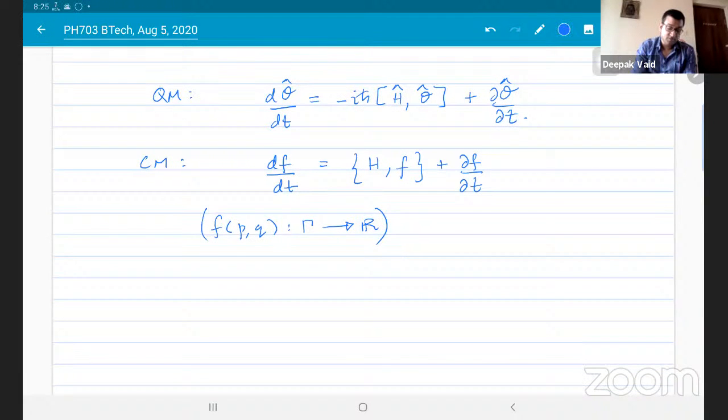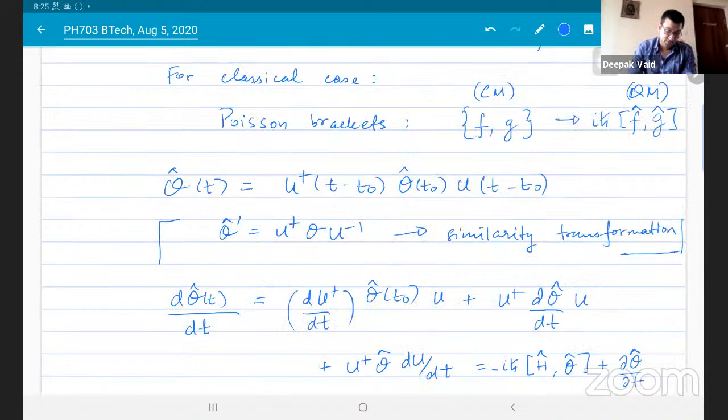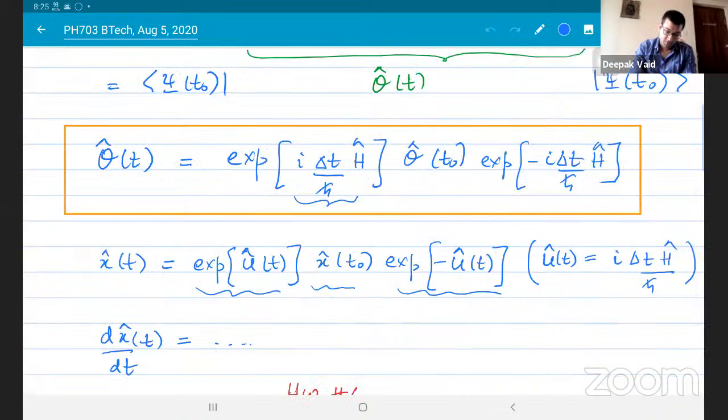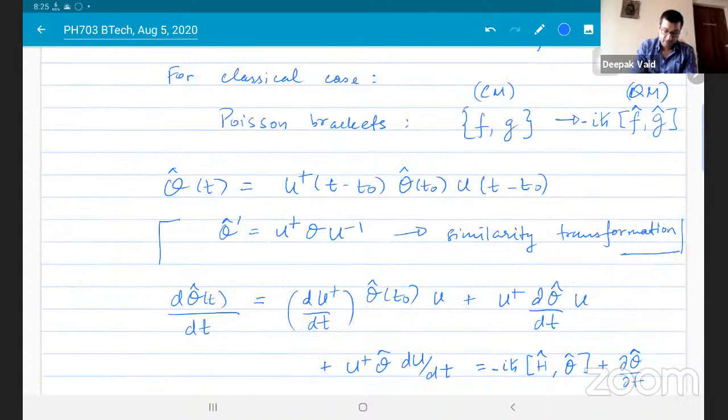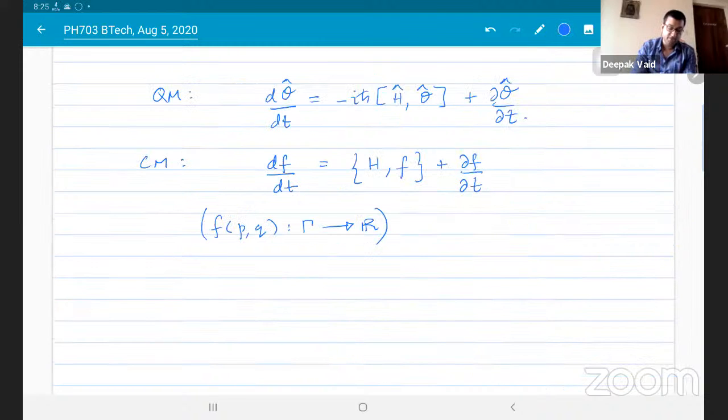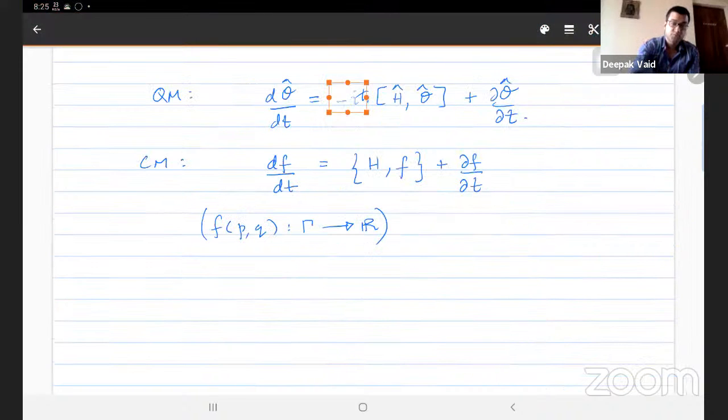Let me check one thing. You get minus i h bar. I believe this is the right sign, though there might be a minus sign over here. It does make a difference whether you put i or minus i, but once you pick a sign, you have to stick with that sign.